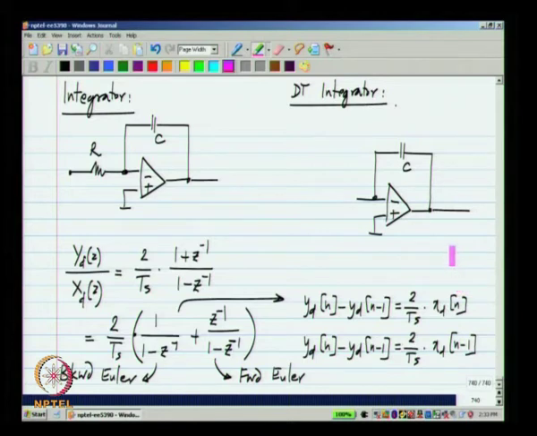Okay. Now, how do you change the voltage on a capacitor? It is by dumping charge into the capacitor. Okay. And the amount of voltage change equals the amount of charge that is added to the capacitor divided by the capacitance value. Okay. So, what do these two differential equations say? The amount of voltage change is proportional to the input sample, either the present input sample or the previous input sample.